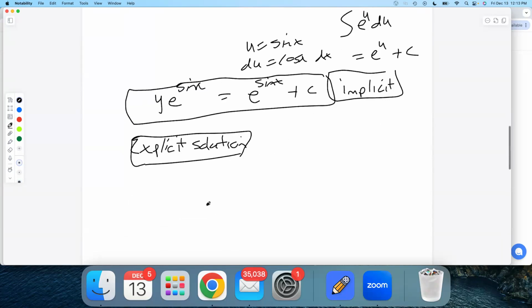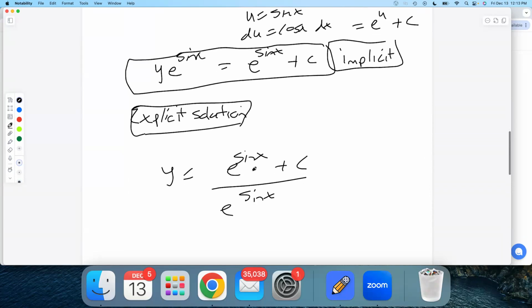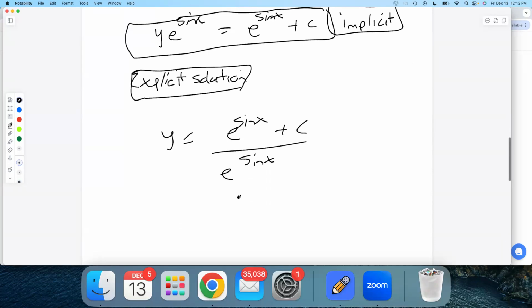So I could just write this plus c all over e to the sine. That would be perfectly fine. But I think this is going to be prettier if we write this as 1 plus c e to the negative sine of x.